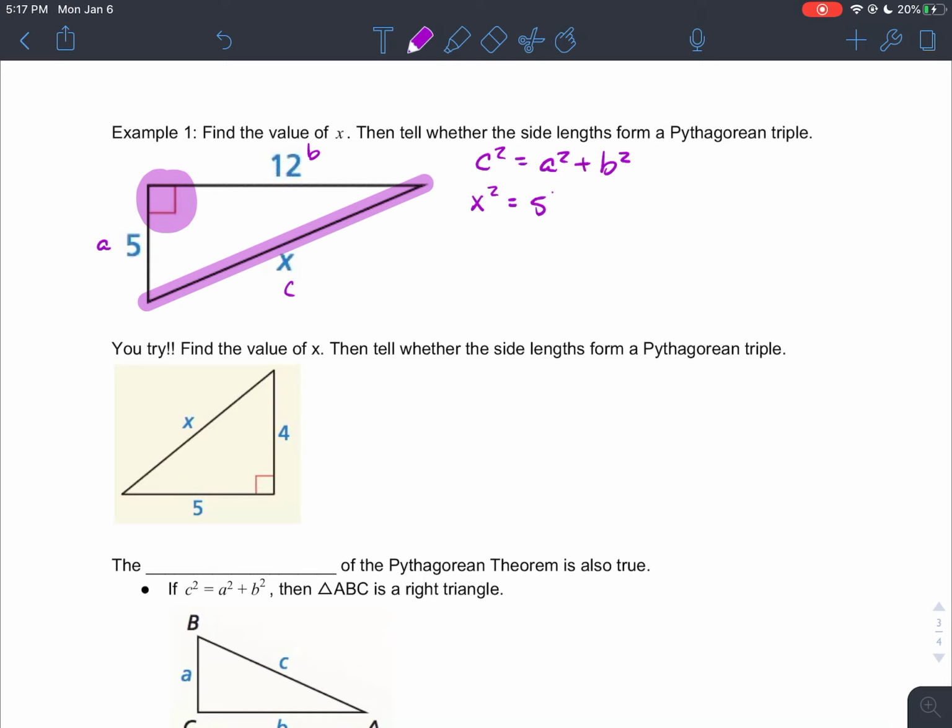I'm going to say 5 squared plus 12 squared. All right, take a moment. Ask your neighbor, what's 5 squared? Good job, it's 25. And ask your neighbor, what's 12 squared? Good job, guys, that's 144. All right, and then 25 plus 144 is, I'm pretty sure I know this one. Hang on, I think it's 169, but I'm going to double check because my brain's not functioning at full speed right now.